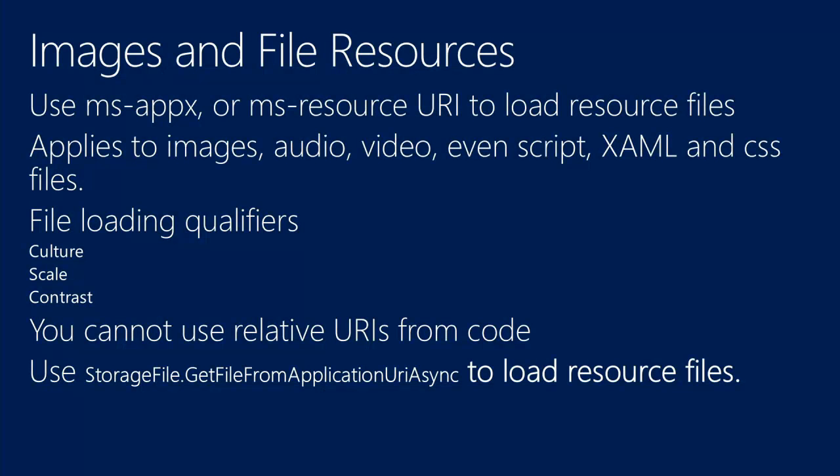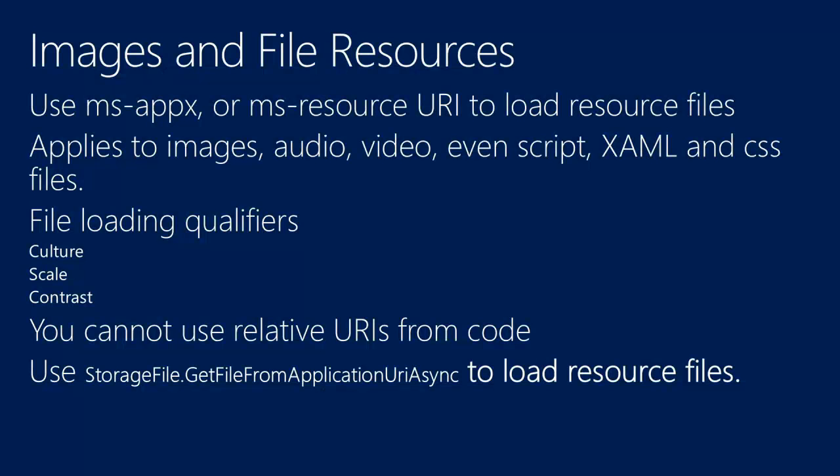So if I'm having an image with the source file set as a relative URI, and I have the image localized into the qualified folder, the WinRT engine will automatically load the right file according to the translation. Okay, so if I'm using the relative URIs either in HTML or XAML, it will be automatically loaded.